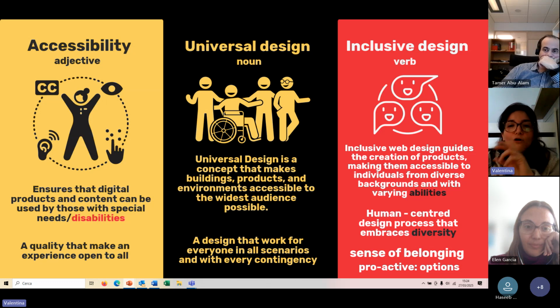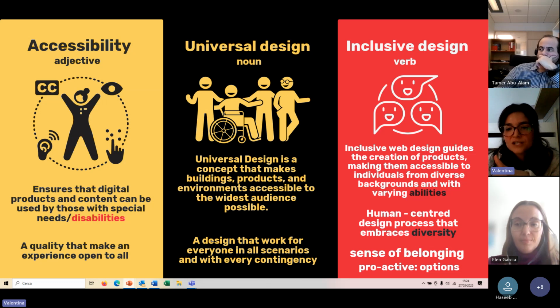Inclusive design, it's all these things, but the inclusive, it's more, I wrote this, it's like a verb, like a proactive thing. It should be part of the creation of the product.